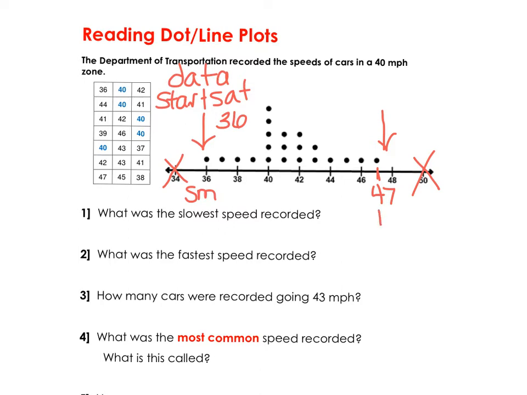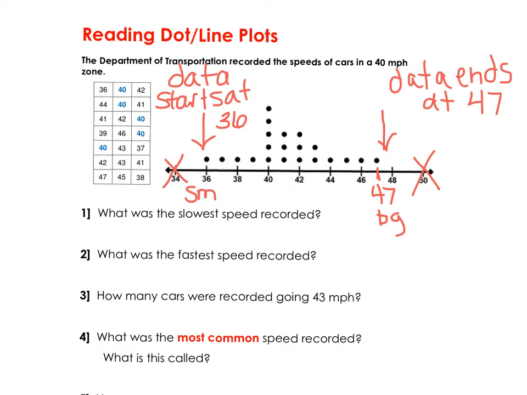So I'm going to put BG for biggest, and I'm going to put data ends at 47. So our slowest car was going 36 miles per hour, but our fastest car was going 47 miles per hour.